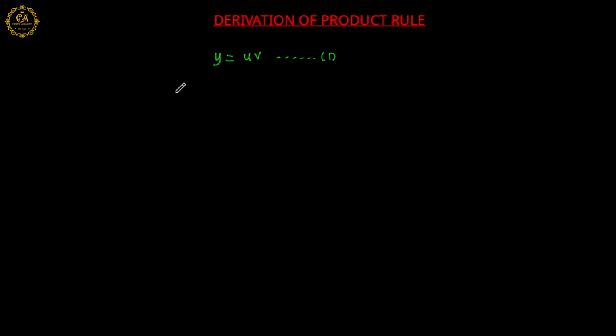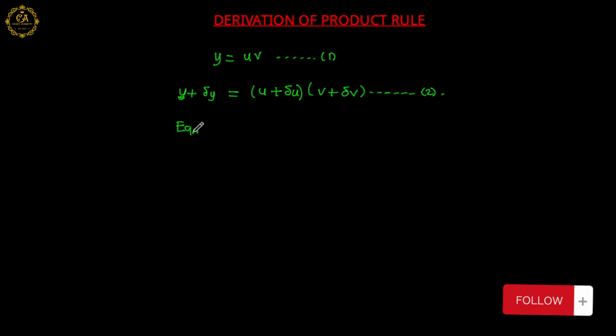So here y is going to increase by a small amount delta y, which equals u also increasing by delta u, then multiplied by v with a small increment of delta v. Let's go ahead and call this one equation 2.